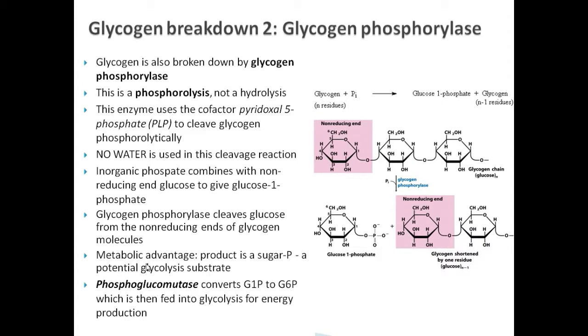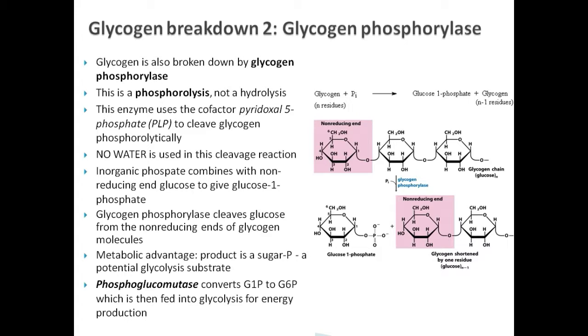So why do we call this a metabolic advantage? So you'll remember when we spoke about glycolysis, we said that the glucose is brought into the cell. The first step, catalyzed by hexokinase, phosphorylates glucose to glucose 6-phosphate, and that actually requires an ATP.